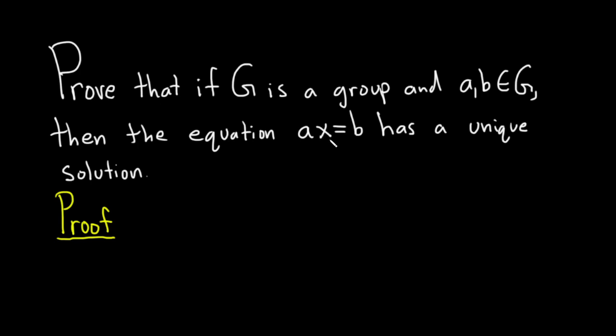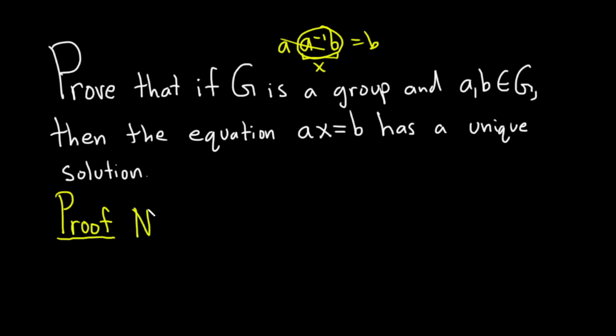Just to point out, a solution to this is going to be A inverse B. Because if this is our X, then we have our A here, and basically these will cancel and we're just going to get B. So this will satisfy the equation. We just have to justify that this exists, and then show that it is the only solution. Let's first explain why it exists.